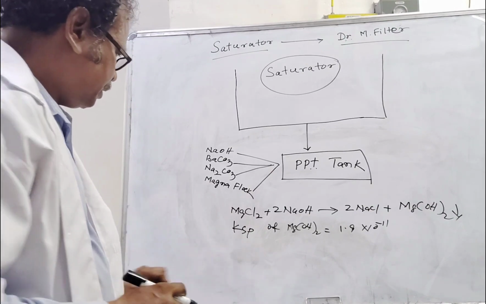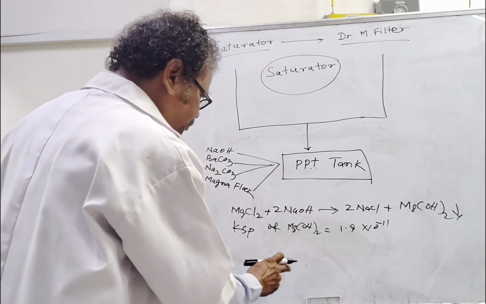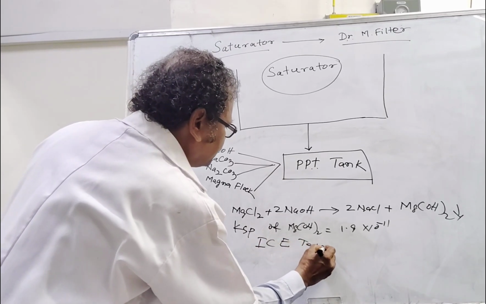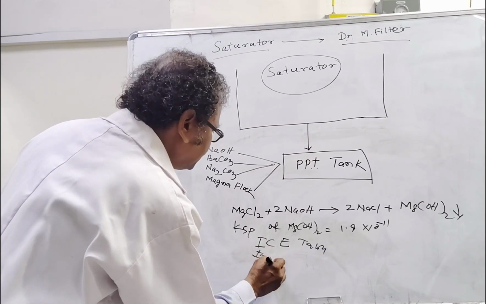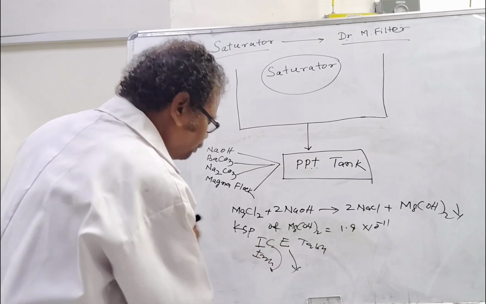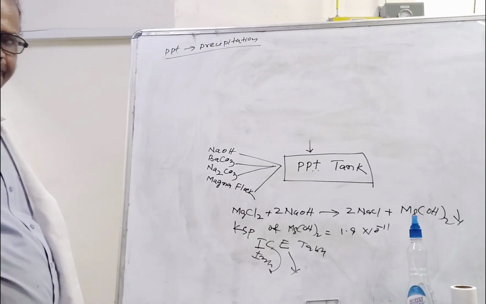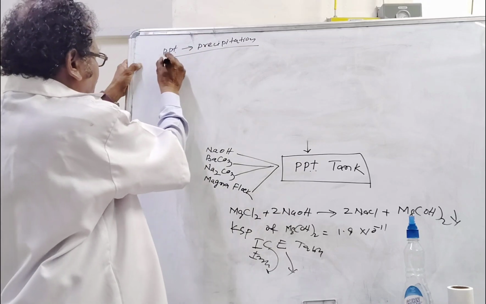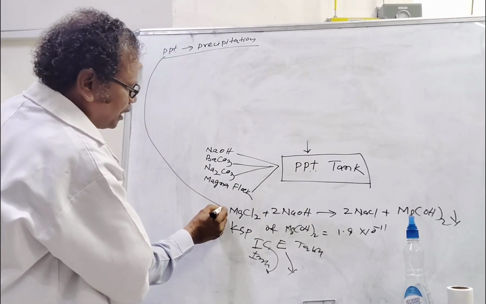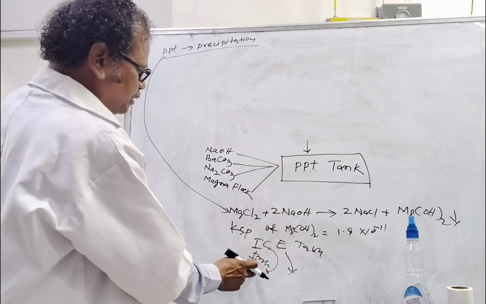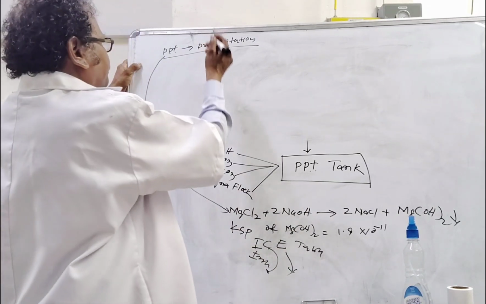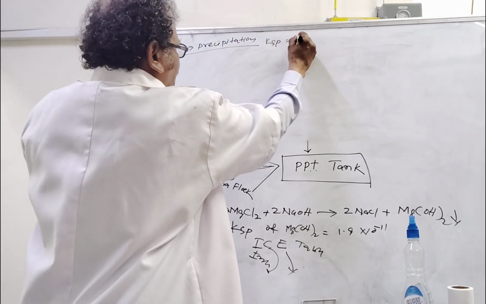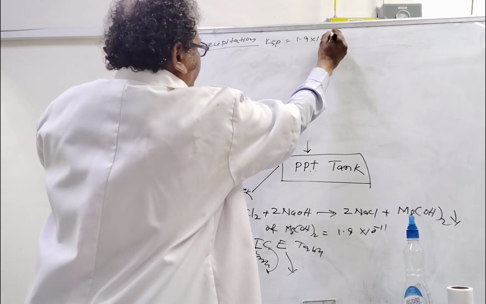As per the ICE table, I is initial, C is change, E is equilibrium. We will discuss PPT. PPT means precipitation. We will discuss here magnesium hydroxide. The Ksp value of magnesium hydroxide is equal to 1.9 into 10 to the power minus 11.